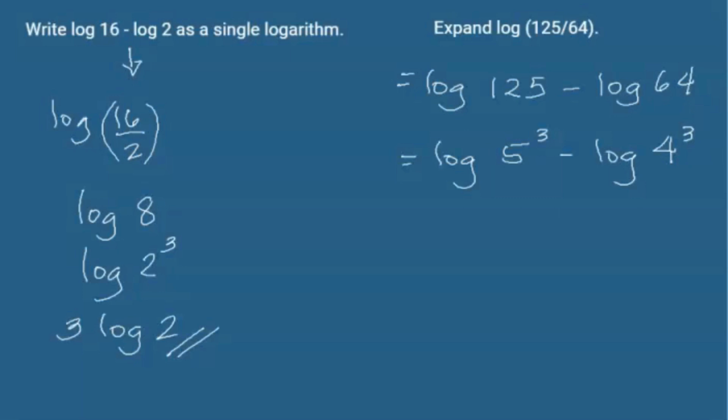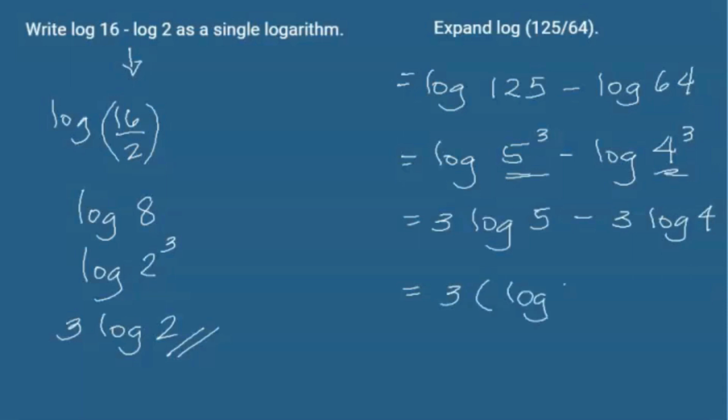From the power law of logarithm, we can write this as 3 times the logarithm of 5 minus 3 times the logarithm of 4. Factoring 3 out, we have 3 times the logarithm of 5 minus the logarithm of 4.